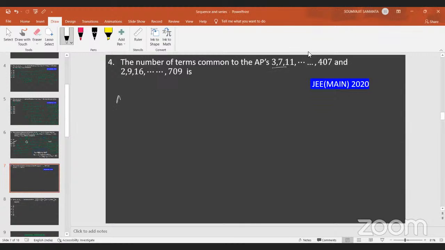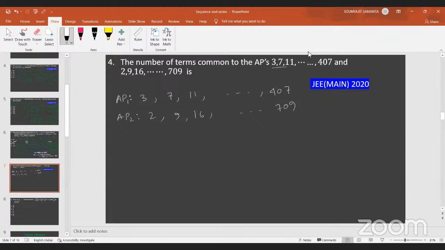Let me write the first AP. AP1 is given as 3, 7, 11, till 407, and AP2 is given as 2, 9, 16, till 709.